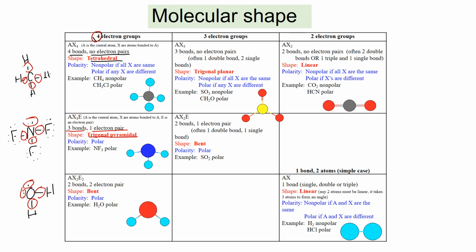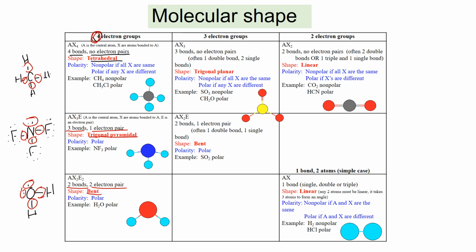So again, that's 4 total groups. We have 2 bonds and 2 electron pairs, so a total of 4. Whenever we have 4, we're based on that tetrahedral shape. But now we've pulled 2 of the atoms off, and so now we call that shape bent. So those are our options with 4 electron groups.